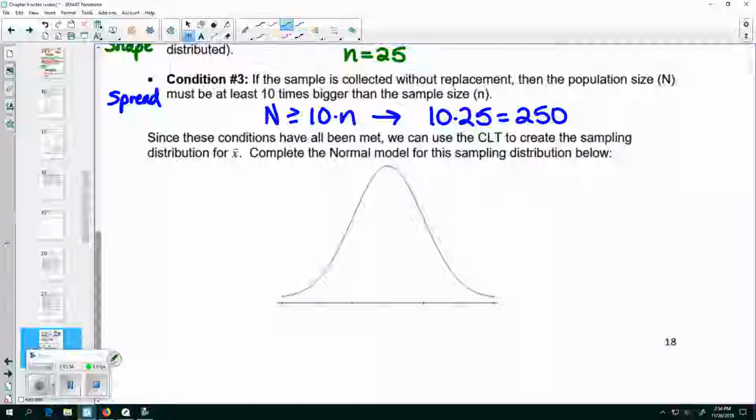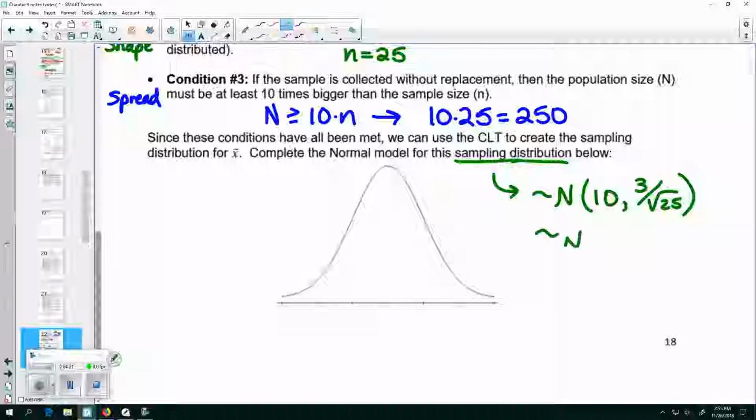Notice this is just what we were doing in the previous section, so it's really just a review. We know that this distribution is going to be normal. It's going to be centered at our mean, which was, let's see, 10. And it's going to have a standard error of 3 over the square root of 25, because 25 is our sample size.